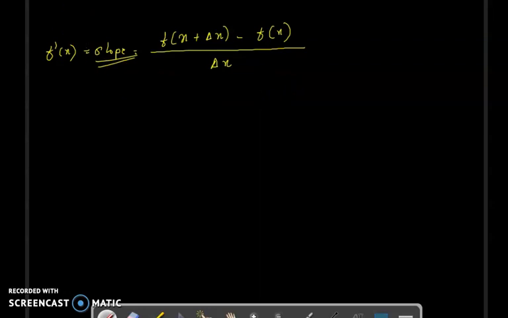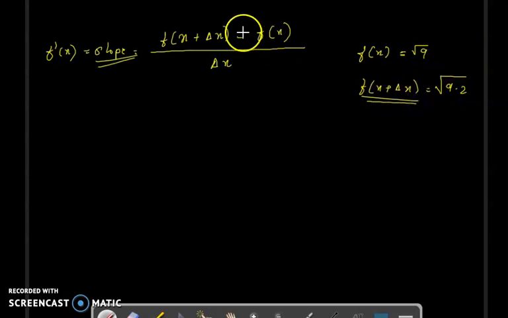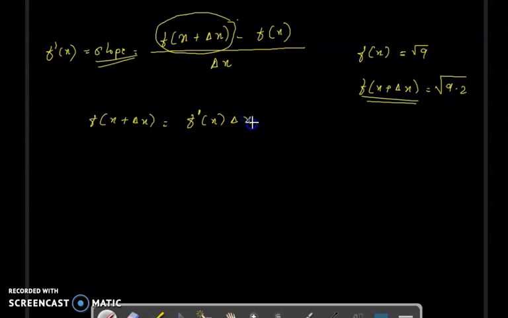From this, the given values are: f of x is the square root of 9, and f of x plus delta x is the square root of 9.2, which is the unknown we need to find. Rearranging the expression, f of x plus delta x equals f dash of x times delta x plus f of x.